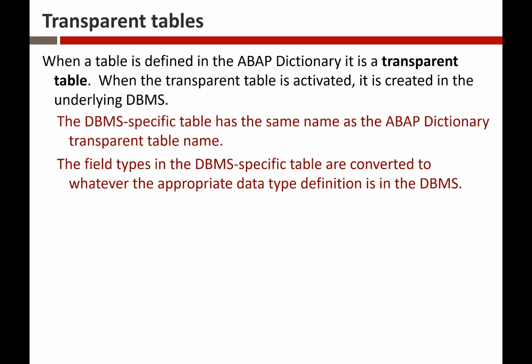When we go into the ABAP dictionary, we're actually working on the application layer. We open up the ABAP dictionary, do all of the definitions, and create the transparent table. When we hit the activate button, the application layer goes down to the database layer and creates the database table.